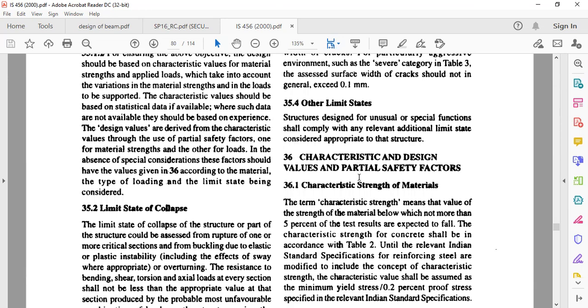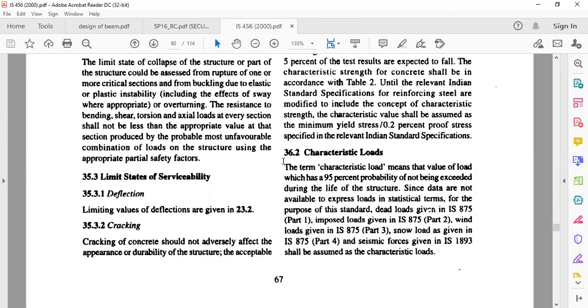This IS code consists of the theory part, and what does that indicate? What is the limit state of serviceability, characteristic load, and the terminologies?